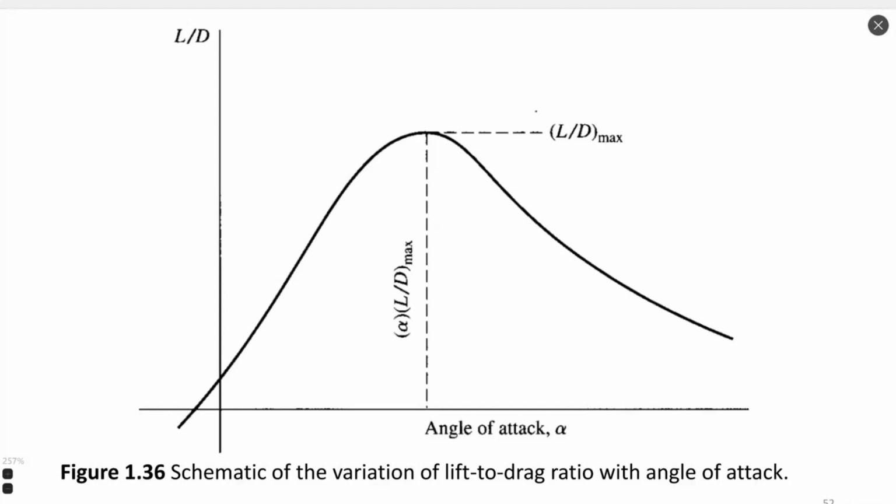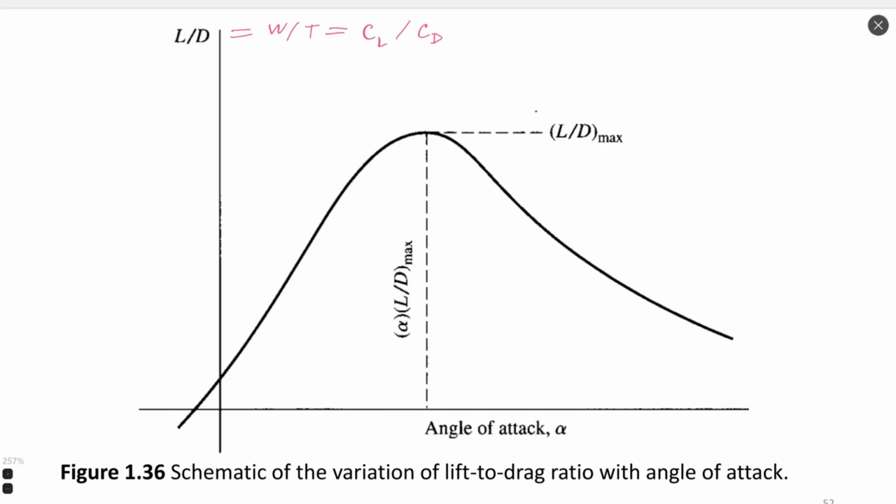I can also extend this here, and I can tell you that lift to drag is the same as weight to thrust ratio for constant velocity and constant altitude flight. And as we may see from the definition of aerodynamic coefficients, it will also be the same as the lift coefficient to drag coefficient ratio.